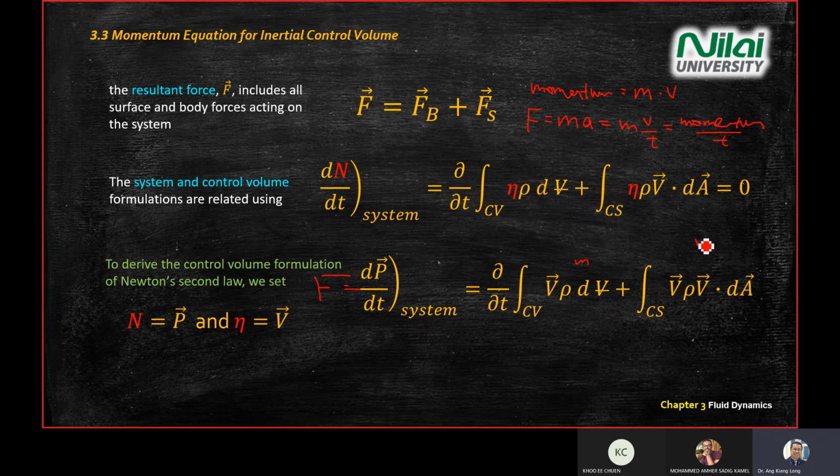We get mass flow rate times velocity, mv divided by t, which also gives us a force, the force at the control surface. This is the force that passes through the control volume. Okay, so these are the fundamental equations that we will use.